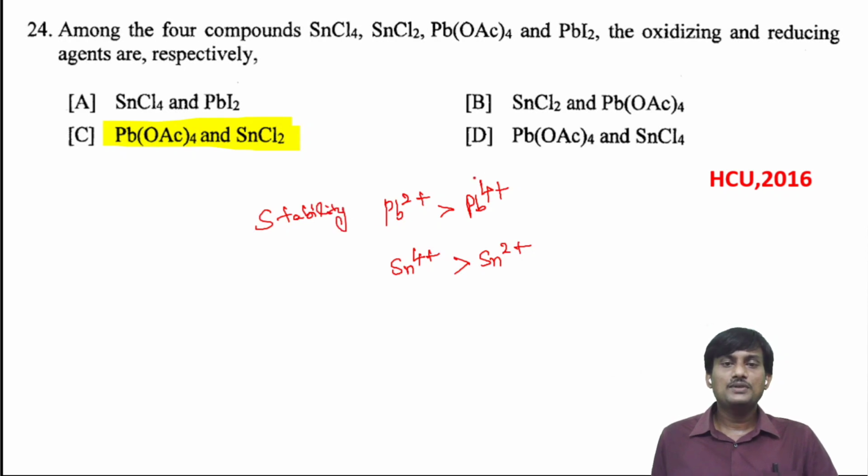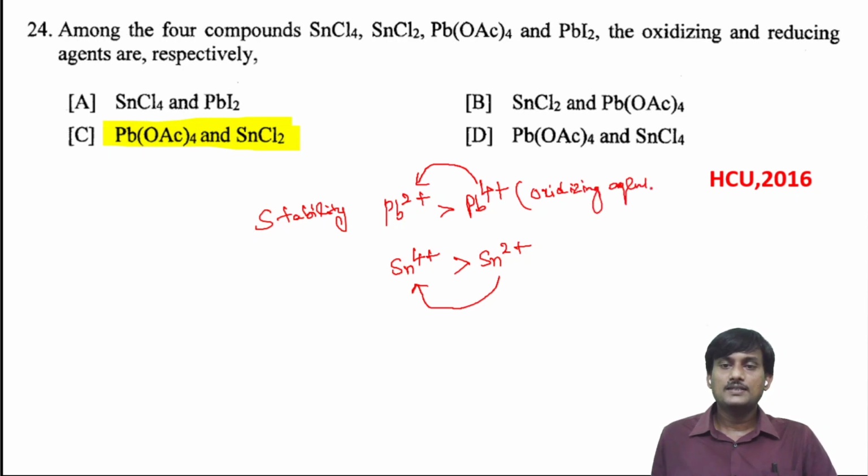So the conversion of Pb4+ to Pb2+ is spontaneous. At the same time, the conversion of Sn2+ into Sn4+ is spontaneous. So Pb4+ will be reduced, meaning it is acting as an oxidizing agent.